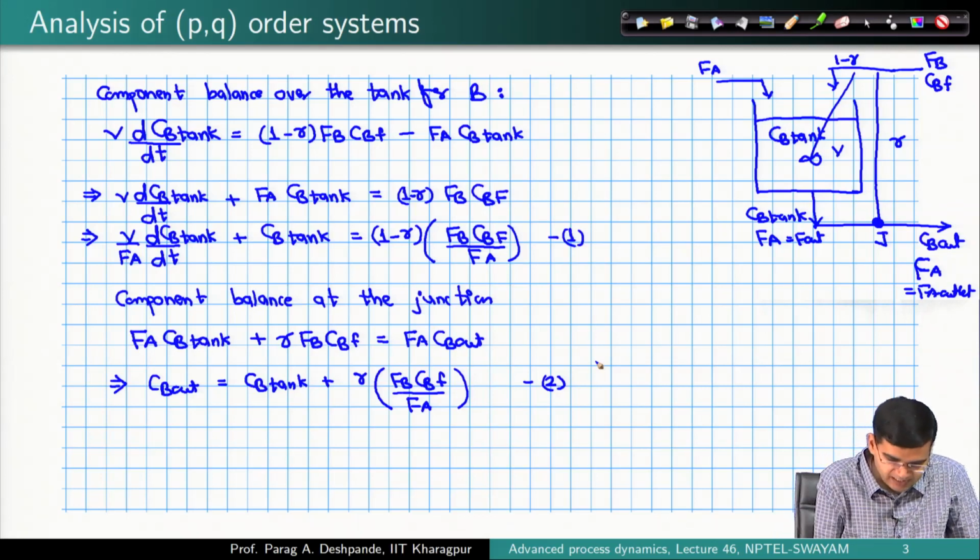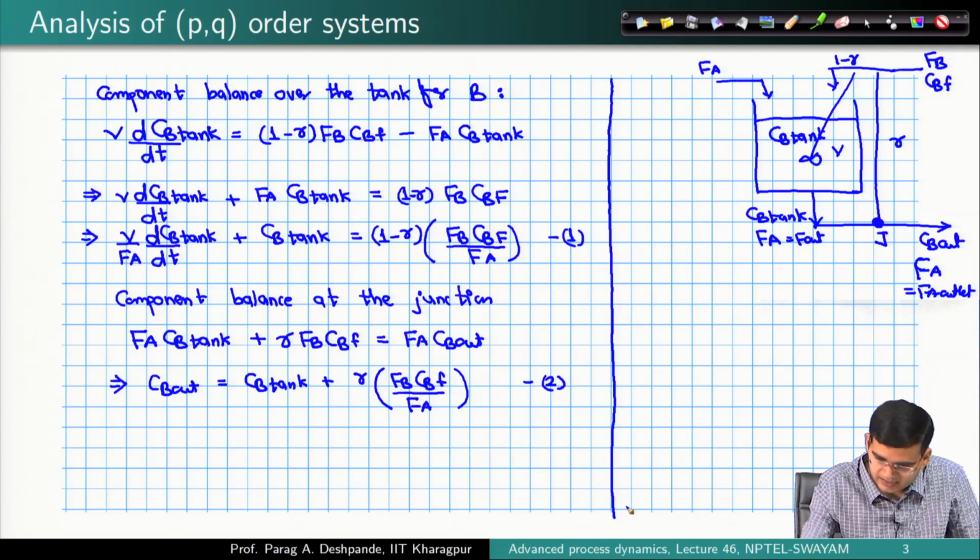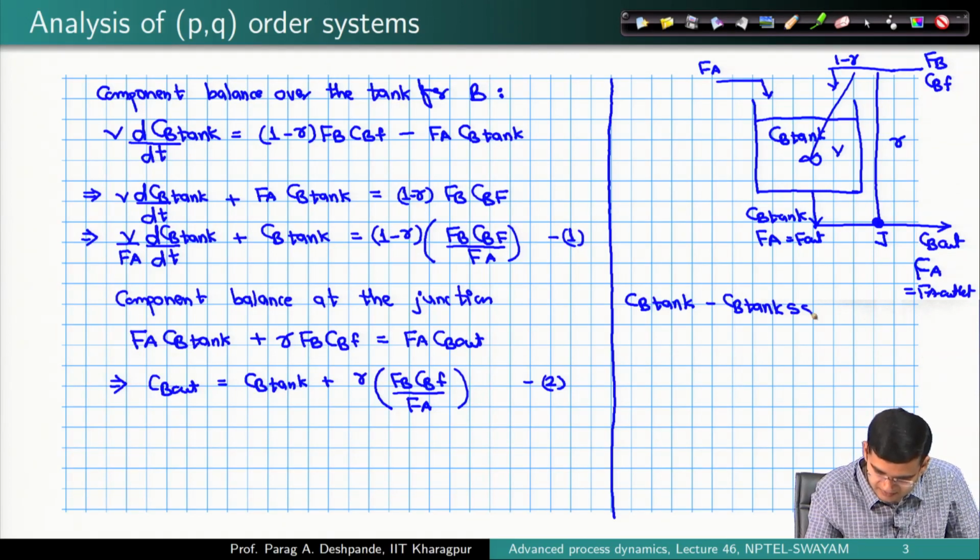So, I now declare that C_B,tank minus C_B,tank at steady state is a variable x.